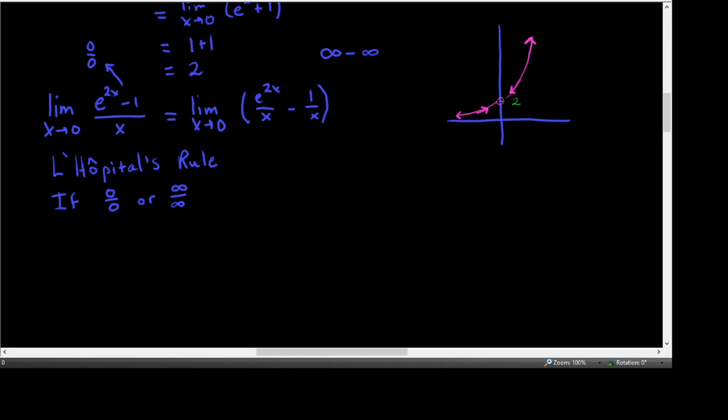If it's one of those, then the limit that we're trying to get, let's say that this is the limit as x approaches a of f of x over g of x. Hopital discovered that in the condition that you substitute and get one of those two forms I've already mentioned, 0 over 0 or infinity over infinity, only those two, that you can get the answer by looking at the limit of the quotient of the derivatives of those two functions.